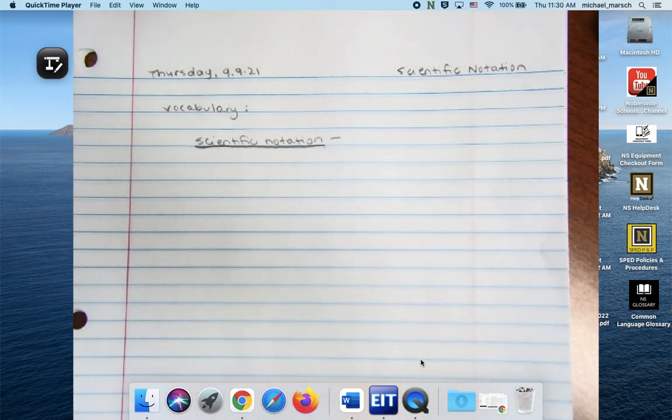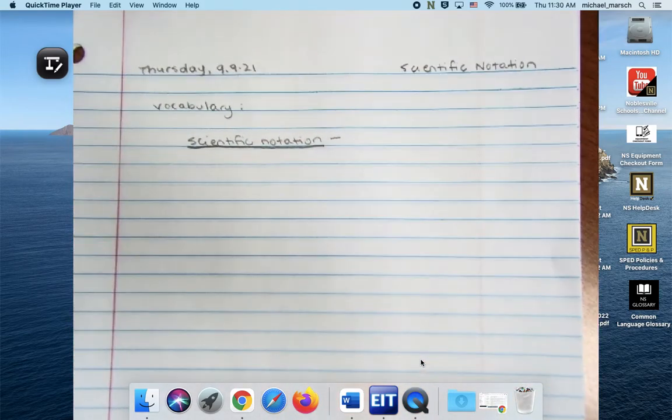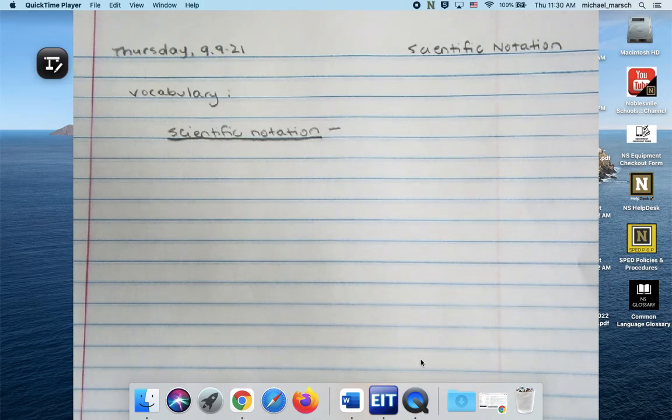So first thing we're going to do is define scientific notation. Who can tell me from the Ed puzzle you did yesterday, what is scientific notation? Like, why do we have it?